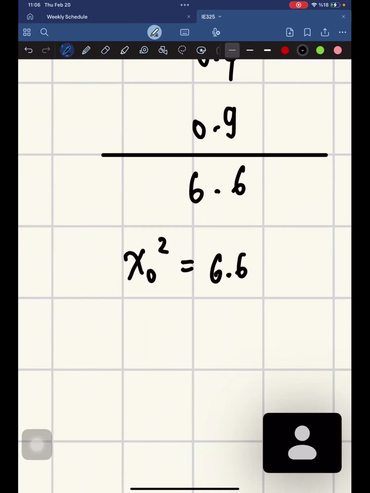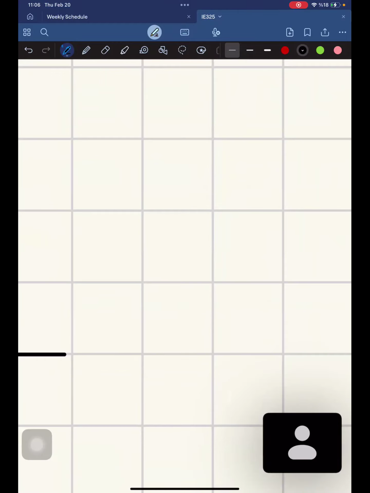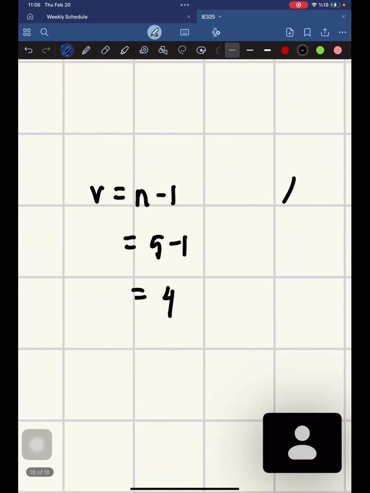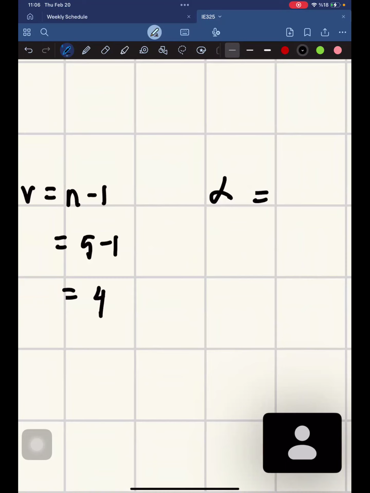And our degree of freedom is, so what was the degree of freedom, it is n minus 1. N is 5, the lowercase letter n. So it is 4. And our significance level is 0.05.